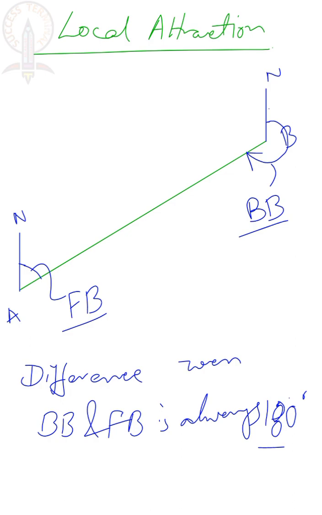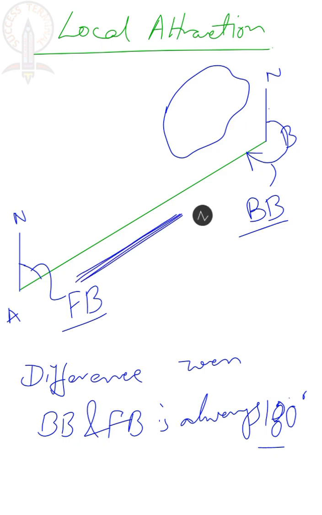Now let's consider if a magnetic substance is present in this zone. Consider that this is a source of magnetic ore, metallic ore, especially iron ore mines, or a very high tension line is laid under the ground where you are performing your survey. What will happen?